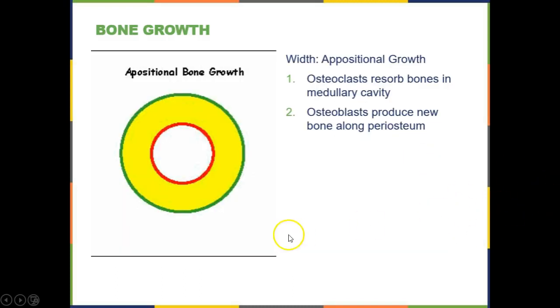So bone growth occurs in two directions. It not only grows in length, but in width. So think about a newborn baby, super tiny, adorable little pumpkin butt, right? They have very, very small bones, but they also have a very small body. So as they grow in length, their bones have to grow in length.